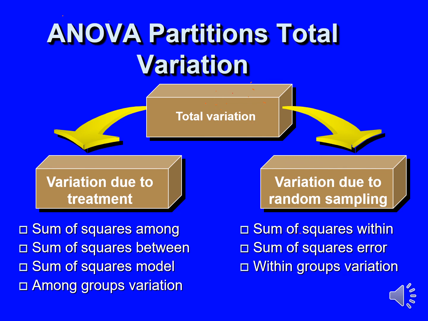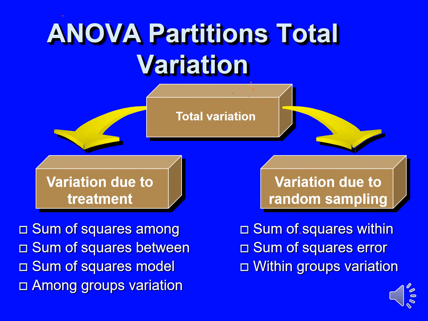It has different names; in some books they call it one thing, and other books call it another. In some books we call it sum of squares among groups, or sum of squares between groups, or model sum of squares, or among group variation.